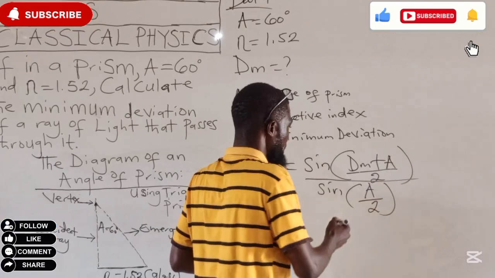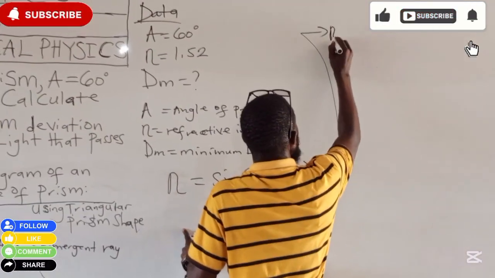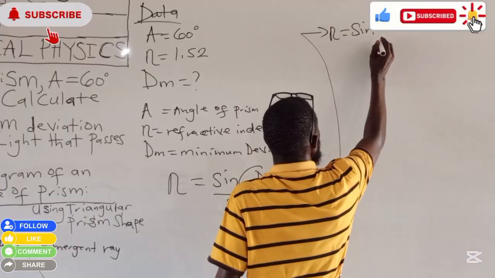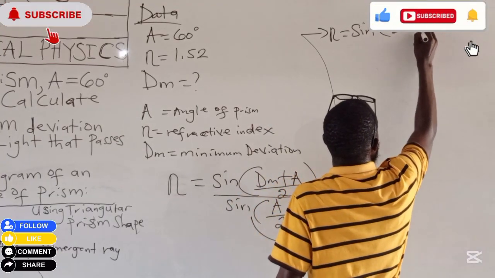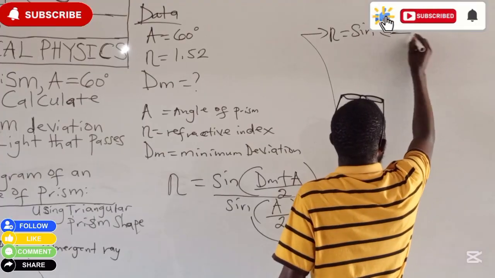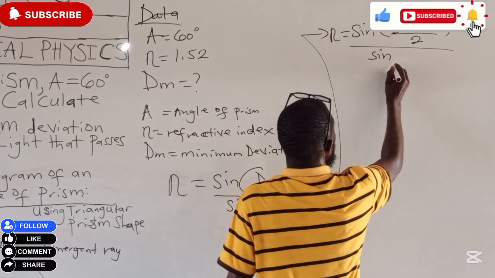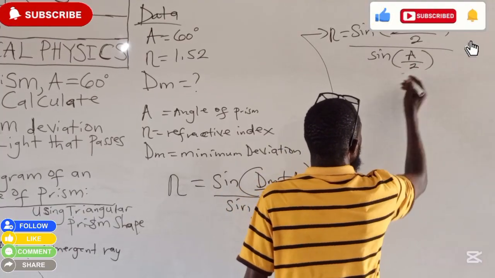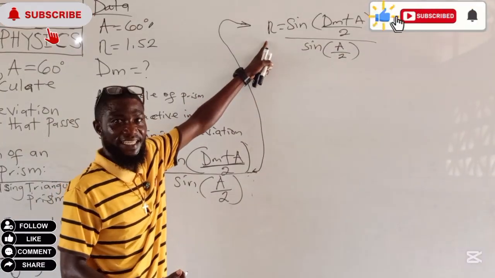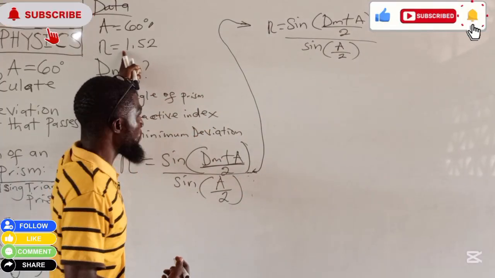Based on this formula, we say the index of refraction n is equal to sin of (Dm plus A) all over 2, over sin of A over 2. And this represents the index of refraction, and the index of refraction is 1.52.